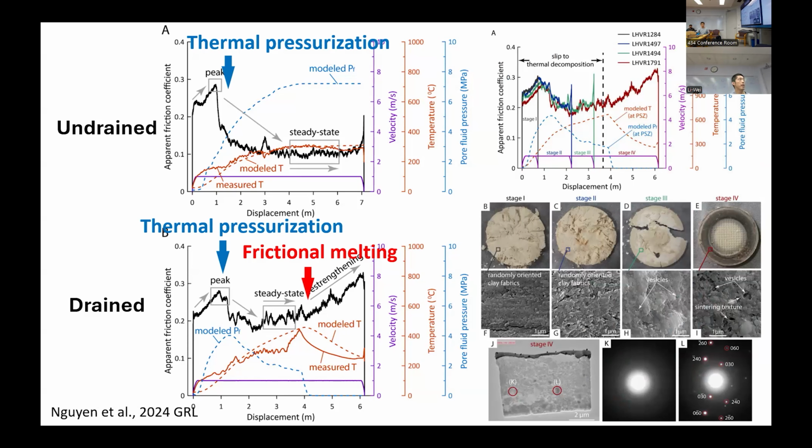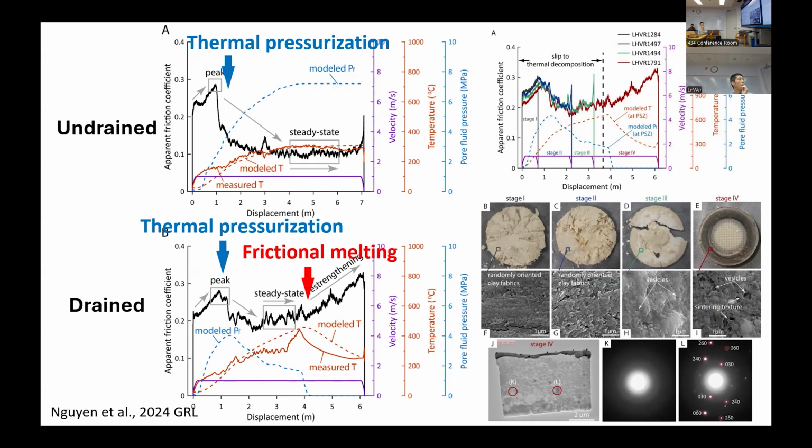You can see there are 4 experiments I plot together over here, and they are pretty well replicated. I will stop over here, over here, over here, and over here. For all the products, you can see the product state C, here is state 3, state 4. You can already observe some amorphous material when the frictional behavior goes strengthening and the temperature drops down.